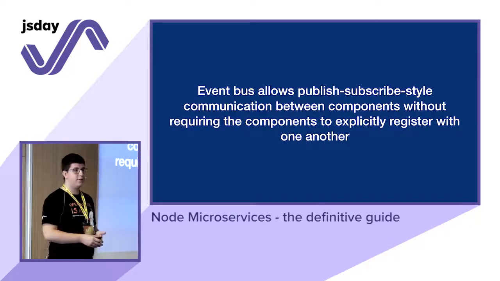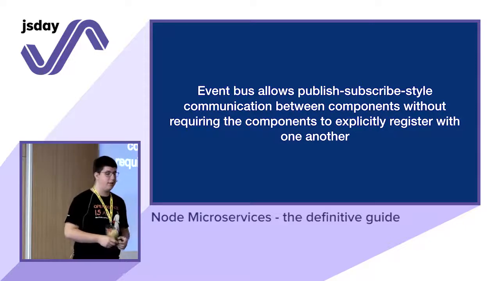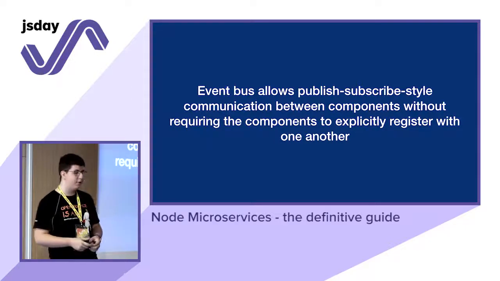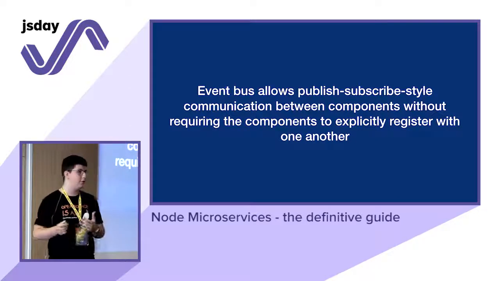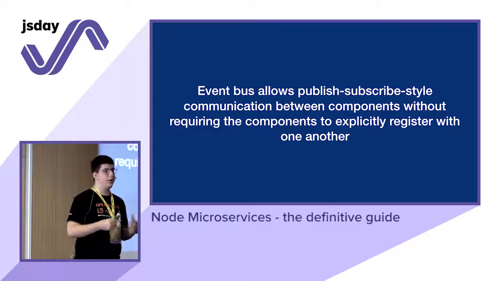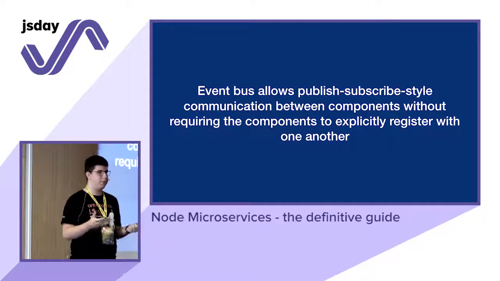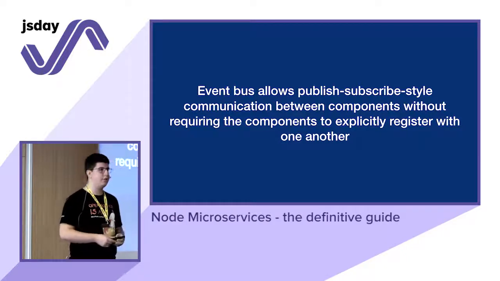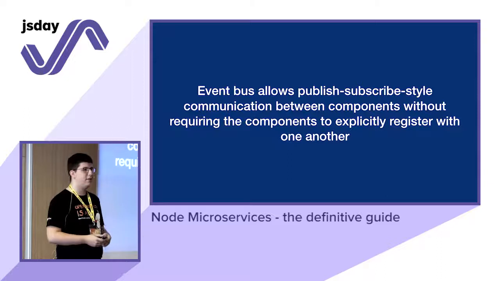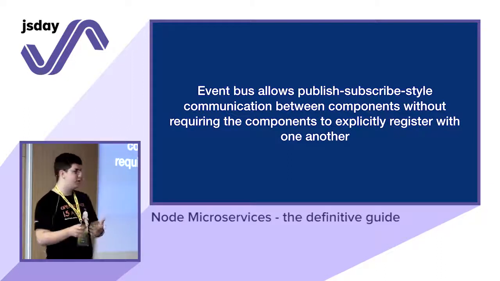The event bus allows us to have publish-subscribe style communication between components, and we don't require them to be registered with one another. So you have a service that doesn't know anything about the others. It can think that it's the only service in the system, and its only job is to live there, connect to the event bus, and wait for messages. When a message comes, do something, and send a response back.